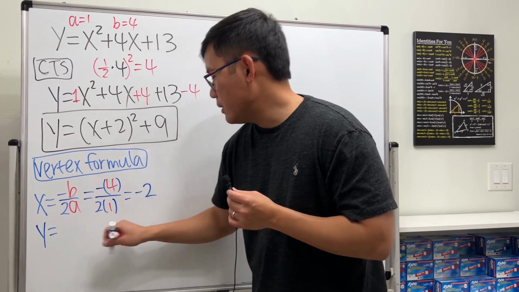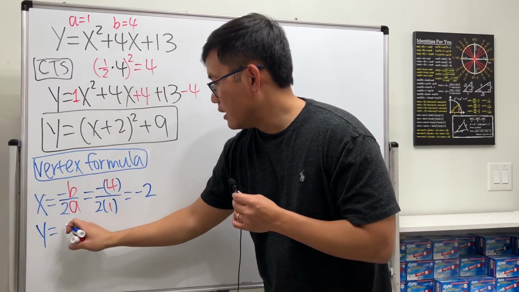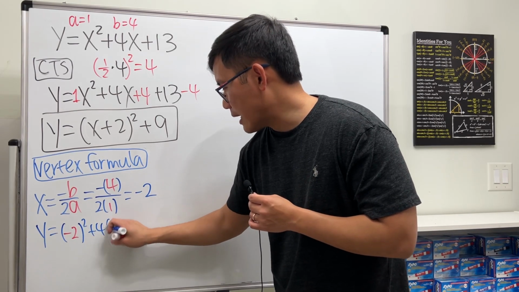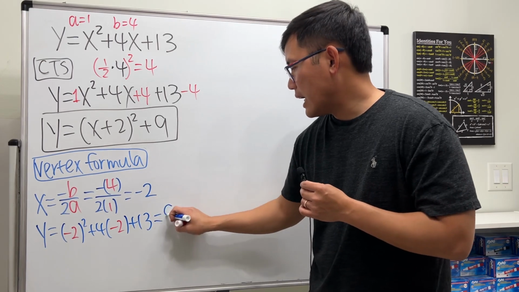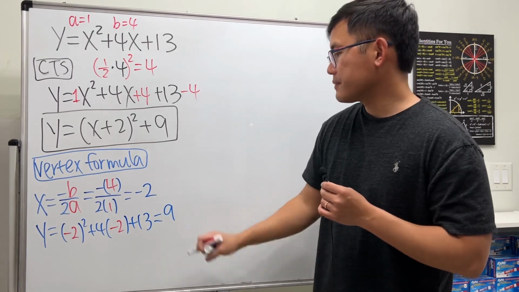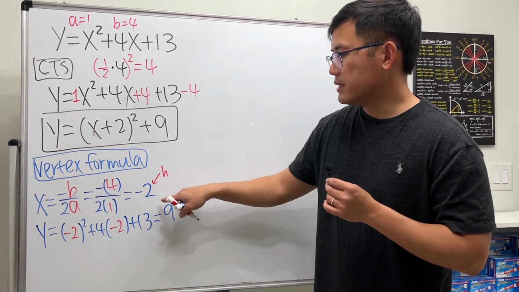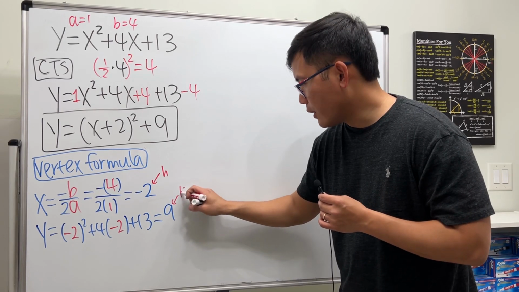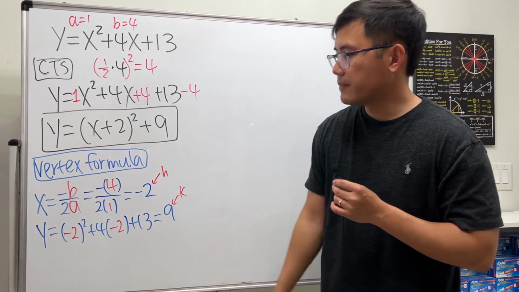Y is going to be plugging negative 2 into the original. We have negative 2 squared plus 4 times negative 2 and then plus 13. Work that out, we get 9. This right here is the h value, which is the x coordinate of the vertex, and this right here is the k value, the y value of the vertex.